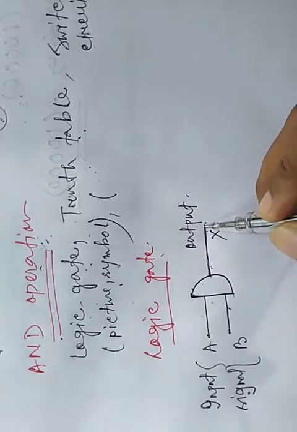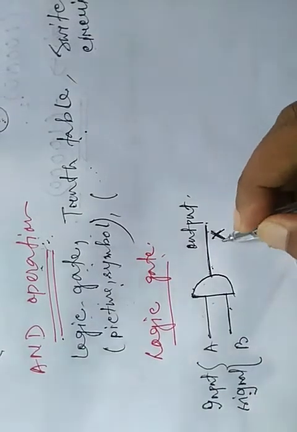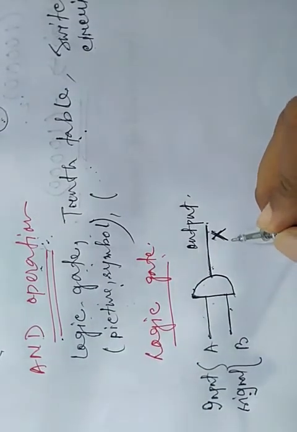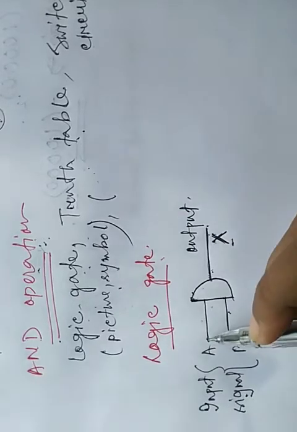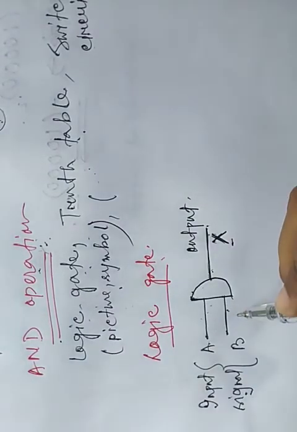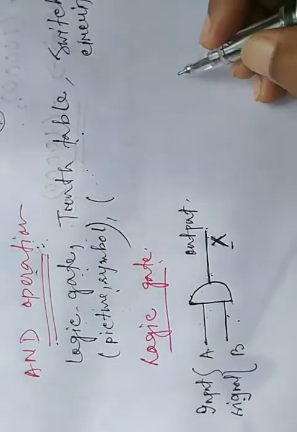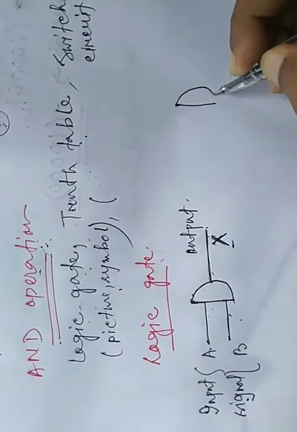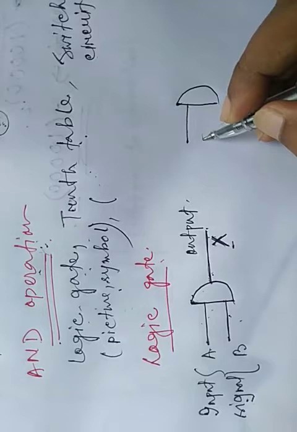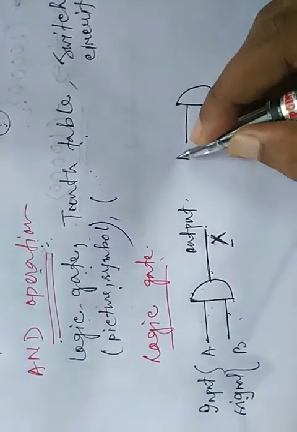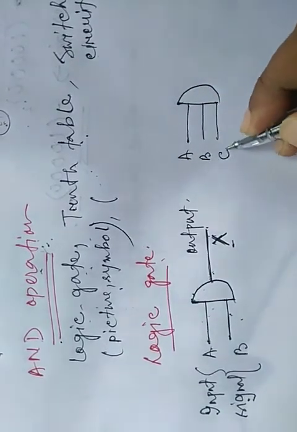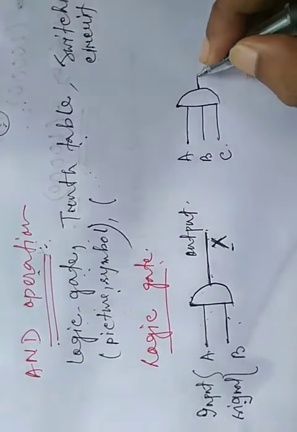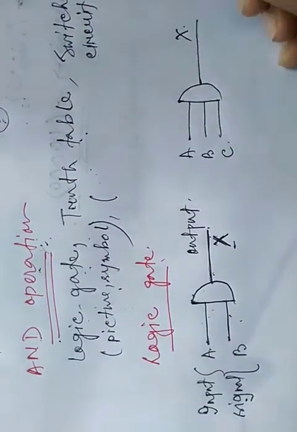Here I denote the output with X, and there are 2 input signals. If we want 3 input signals, we can draw the AND gate like this: A, B, C, and the output signal is always 1.